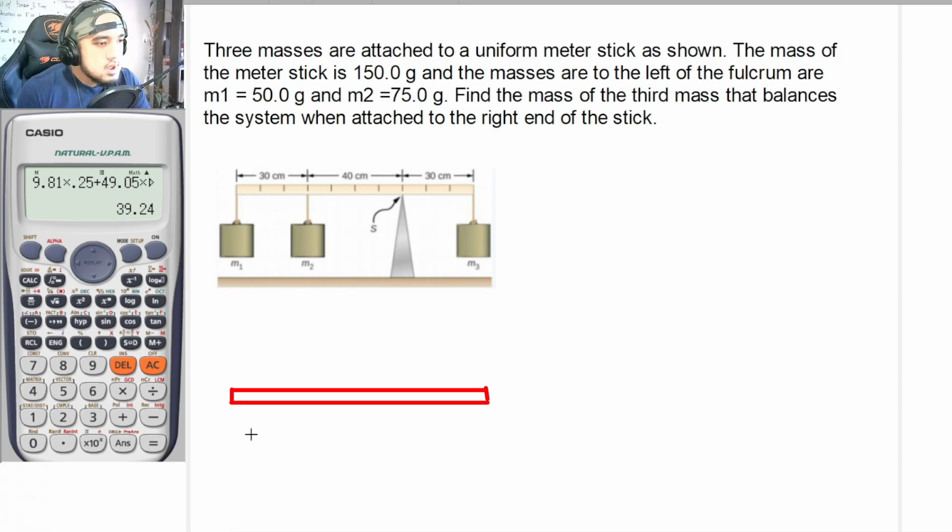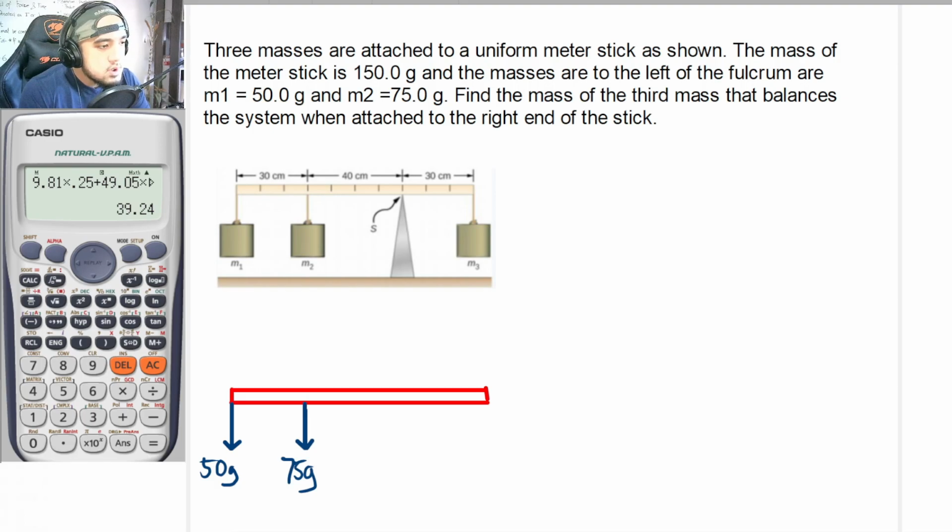Let's say that this is mass 1, so mass 1 is equal to 50 grams. And mass 2 is located here. So this is mass number 2, and for mass 2, this is 75 grams.